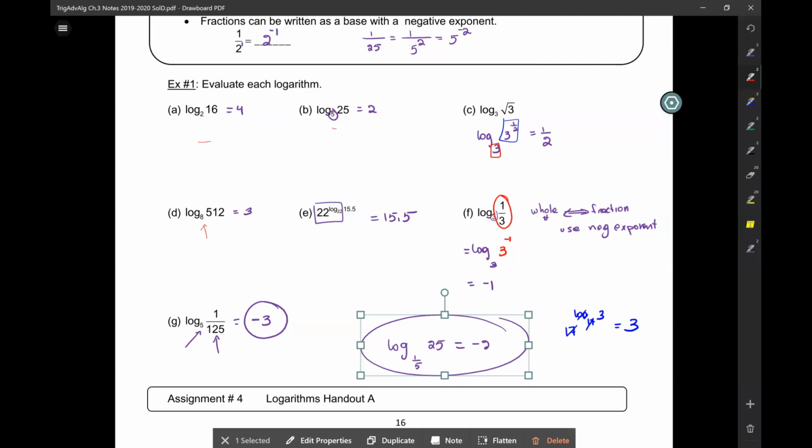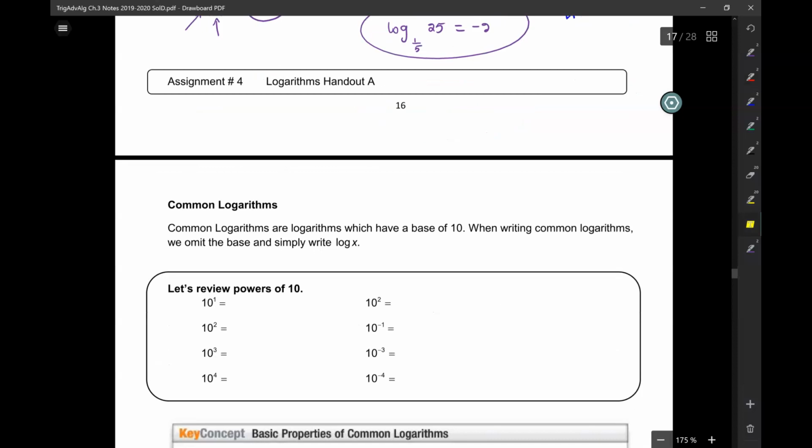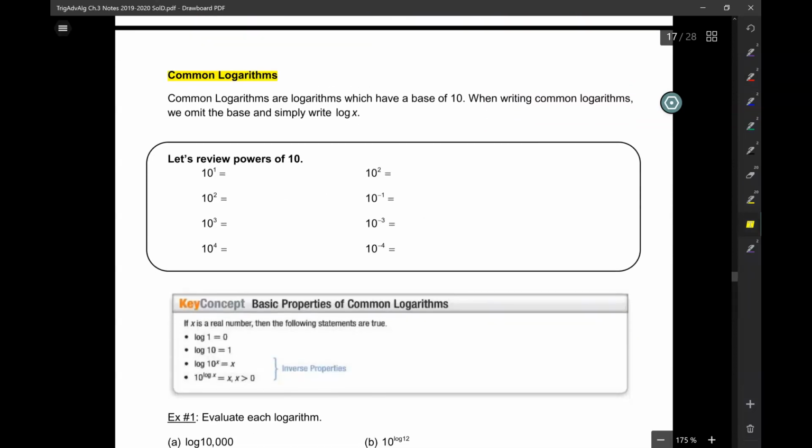The most common by far is a base of 10, right? So common logarithms are logarithms which have a base of 10. And the reason why they're called common logarithms, honestly, is because they're the most common. You see them most often, okay? They're so common that when we write common logarithms, we omit the base and simply write log x.